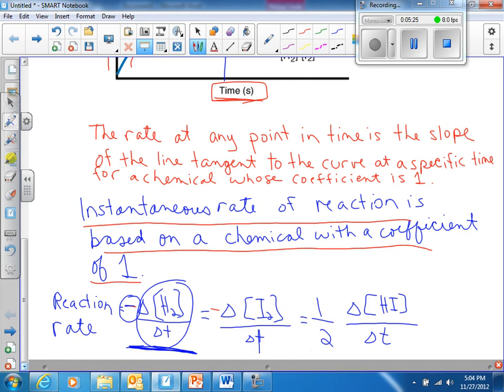If our coefficient is not 1, we put 1 over the coefficient in front of the change in concentration over the change in time. This might seem a little confusing. We're not going to spend a lot of time on this part of reaction rates. More important is, how do we use experimental data to actually find what's called a rate law?